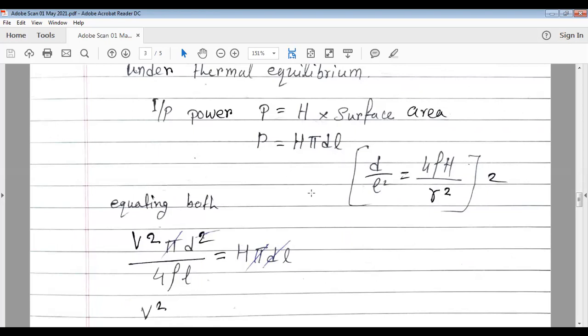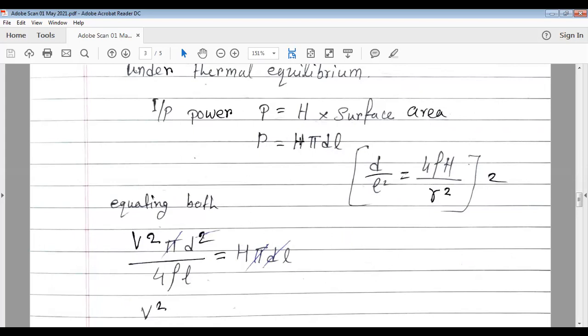We are going only up to this because it fulfills our problem. And look, this is the main topic. P means power. Required power is H, where H means heat.